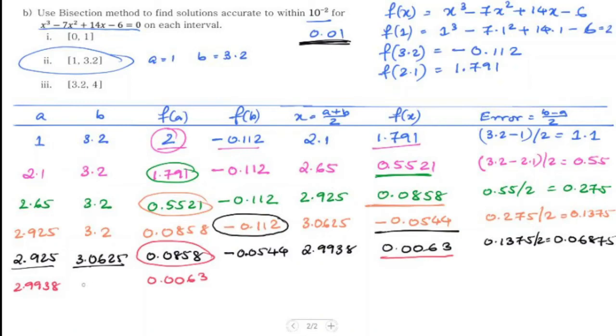Now the b will remain, which is 3.0625, and f of b will also remain, that's minus 0.0544, and x value will now be 3.0281, and f of x would be then minus 0.0265, and the error will be 0.06875 divided by 2, that will be 0.03435.